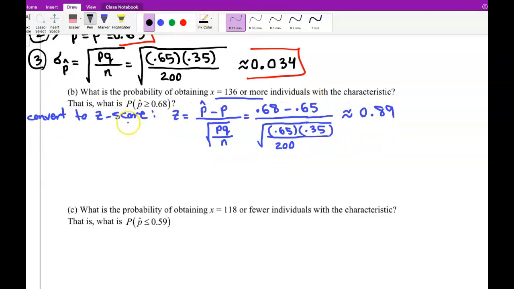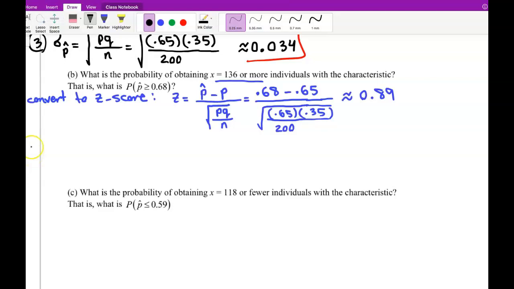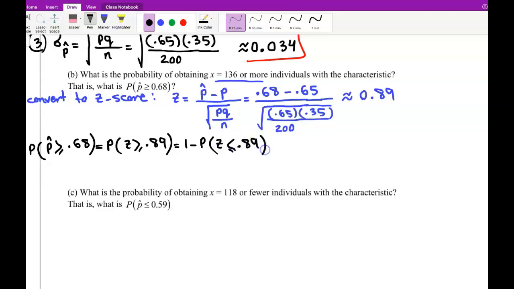Okay, now finding the probability: p hat greater than or equal to 0.68. Instead use the z-score, so z greater than or equal to 0.89. To find the area to the right, we need to subtract, so 1 minus the area to the left. We had this in previous sections.